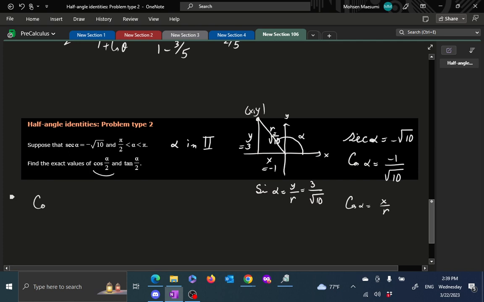First thing is cosine of alpha over 2. Again, if alpha is in quadrant 2, half of it will be in quadrant 1. So that tells me I start with a plus, and then the radical of 1 plus cosine of alpha over 2, and that is 1 plus... okay. So again, your software is happy at this stage.